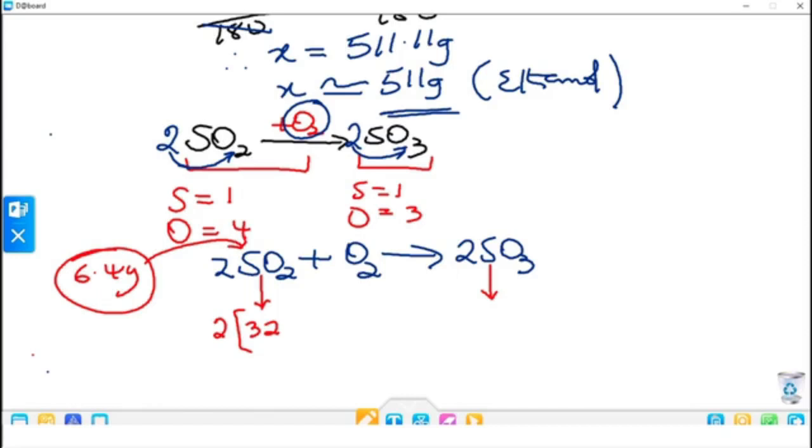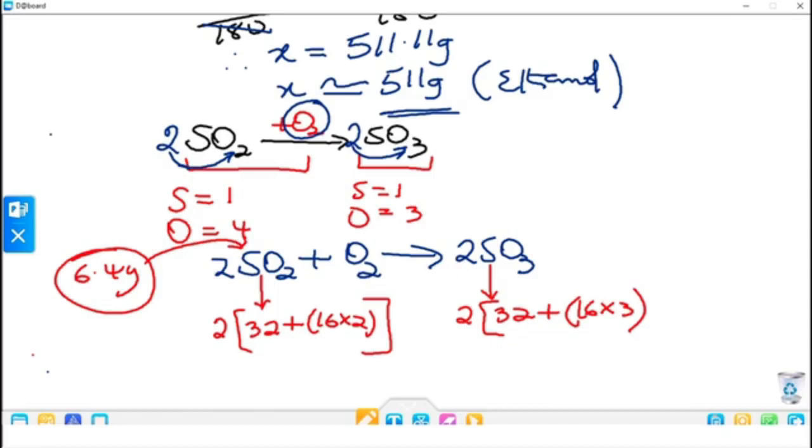So let's take a look: sulfur is 32 plus oxygen is 16, but there are 2 atoms of oxygen there, so that's going to be 16 times 2. On the right hand side, we have 2 moles of SO3. Sulfur is 32 plus oxygen is 16, so we are going to have 16 times 3.